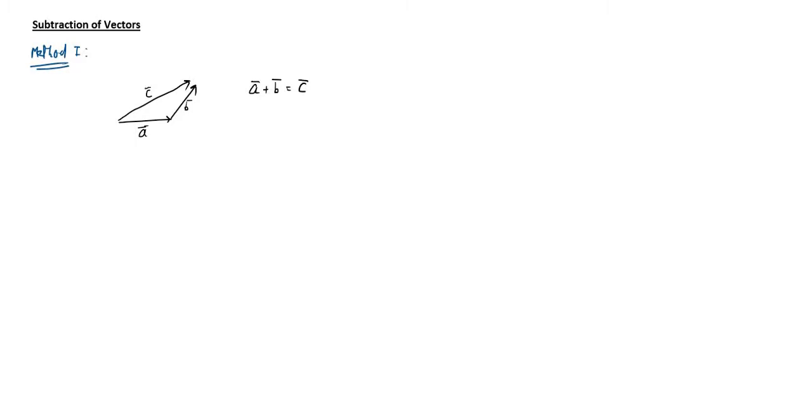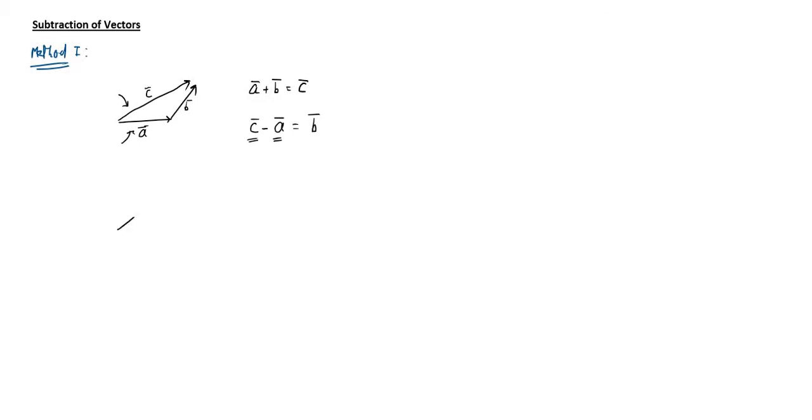Now if we rearrange this equation, we can also write vector C minus vector A is equal to vector B. Now what is vector C? This was vector C. What is vector A? This is vector A. So if we subtract vector A from vector C, we will get vector B. What does it mean?